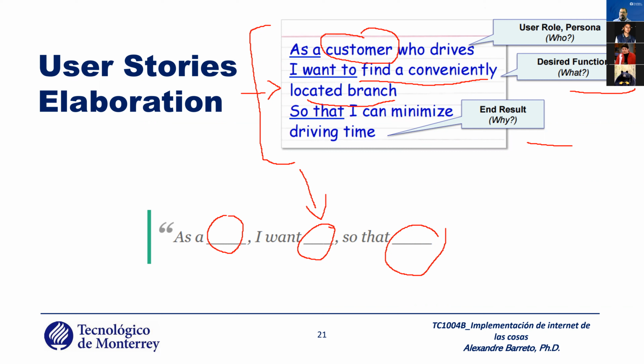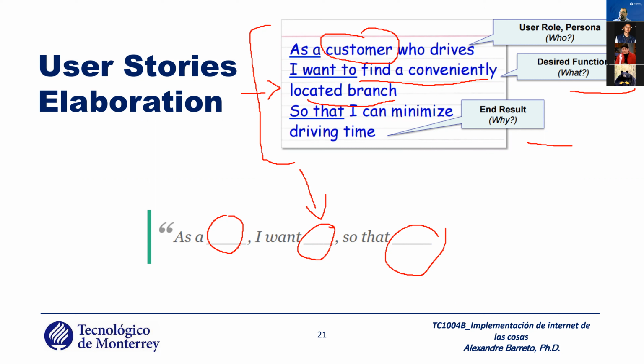It is a feature with a button that you provide to a user to find an ATM, for example. This feature is about finding a conveniently located branch. Who is the person that uses this feature? Leah. A customer. The customer. And why do you need this feature? So that he can minimize driving time.